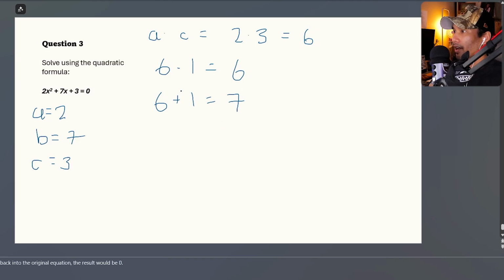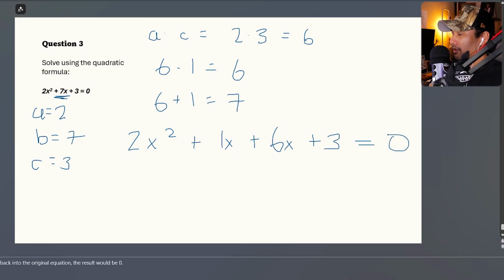Okay, perfect. We found it. It's just 6 and 1. So we're going to split the equation. We split the 7x into 1x plus 6x, plus 3 equaling 0.